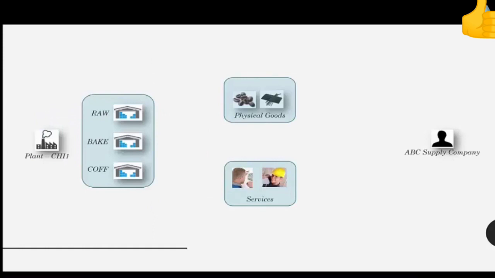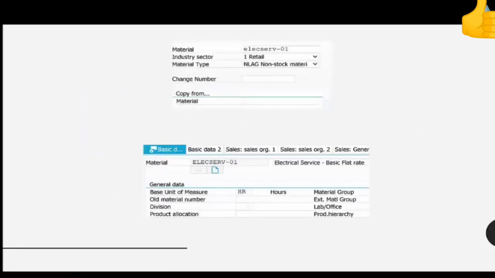Now, let's see how services are procured and how they are really different from physical goods. Just because services are not tangible, you might be tempted to create a service material of type NLAG, or non-stock, because you're not going to stock non-stock materials, right?